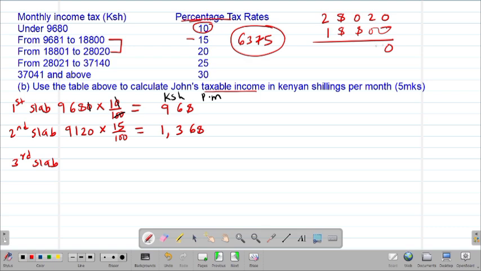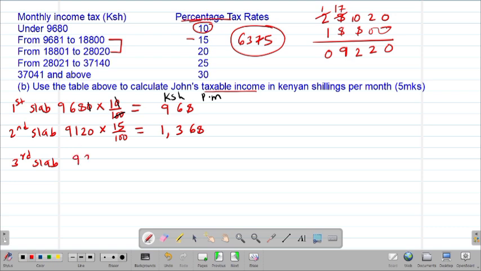This will give us 0, 2. I'll borrow 1 to make this 7, this to be 10. So this will give us 2. Then I'll borrow 1, this is 17 minus 8, which gives me 9. Then 0. So I'm getting 9,220.